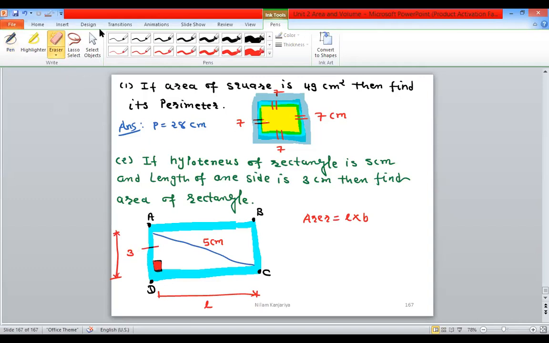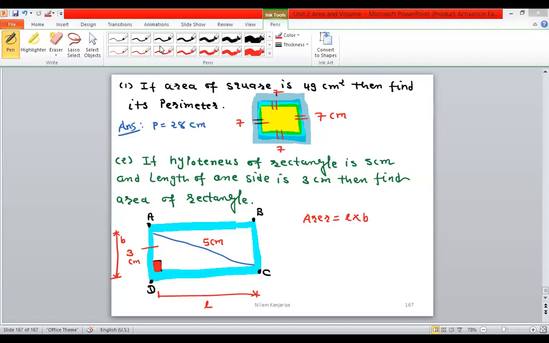So first of all, by the Pythagoras, you can find the length of BC and put in this formula. So I think L is maybe 4 centimeter because 3, 4, 5 are the Pythagorean triplets.